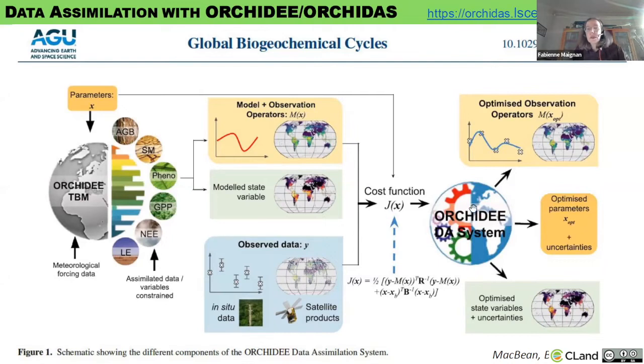So around Orchidea, we have developed this Orchidea data assimilation system, which is named Orchidas. I'm a simple user of this data assimilation system, I'm not a developer. So when you optimize this cost function, then you get a set of optimized parameters, an optimized observation operator, and optimized flux, and also you have the associated uncertainties.